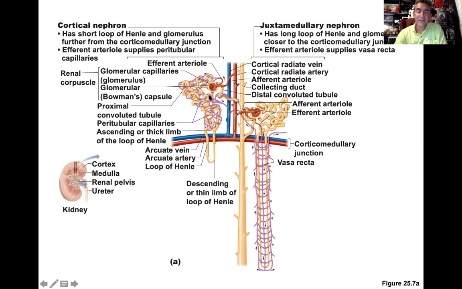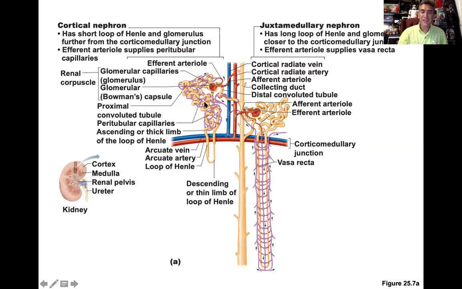Now, if you notice, this nephron is sitting more superiorly than this nephron. So here's our juxtamedullary nephron. It sits lower, still in the cortex. The proximal convoluted tubule is still in the cortex, but the loop of Henle dives much deeper into the medulla. And then again, our distal convoluted tubule to our collecting duct.